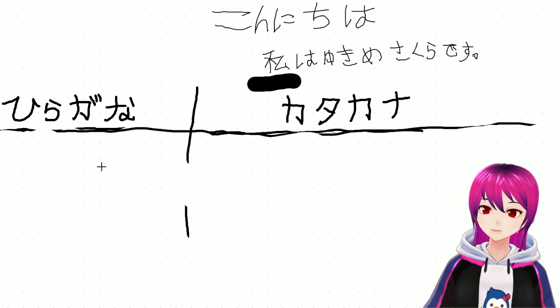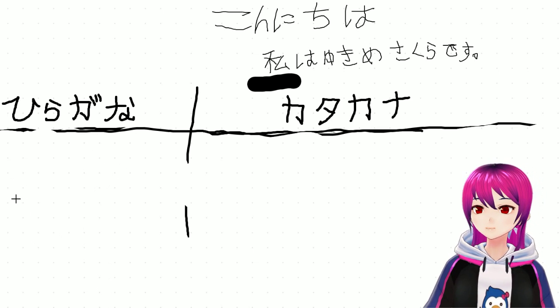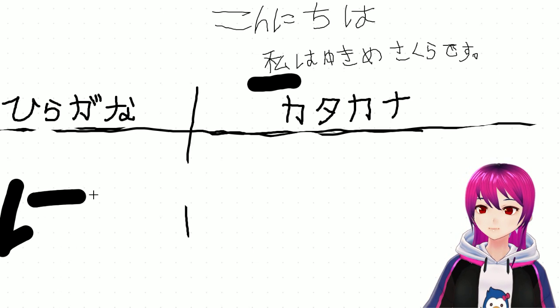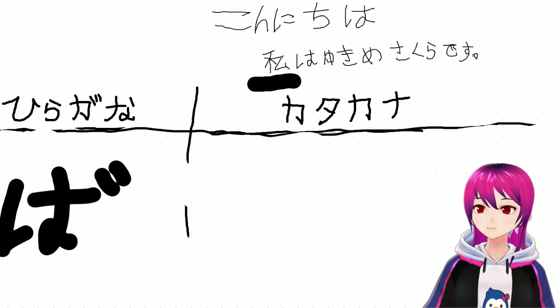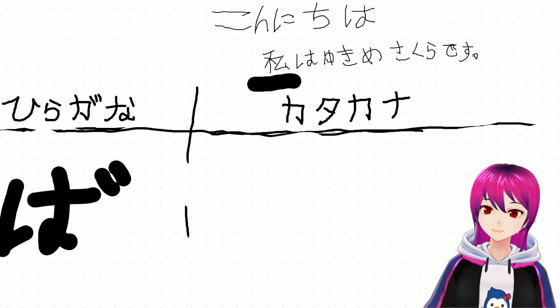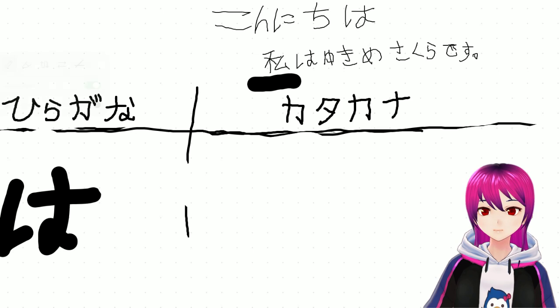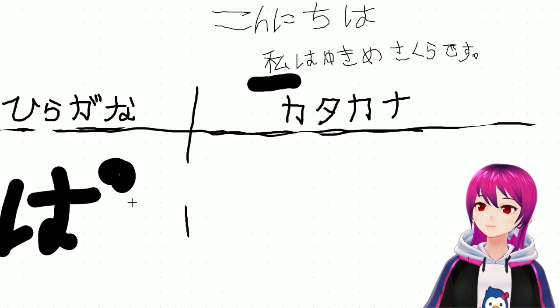But the H series have an additional thing. You can make it softer with tenten to make it a B series like ba, be, but we also can make it even softer with a maru or circle. Make a P series, pa, pi, pu, pe, and po.